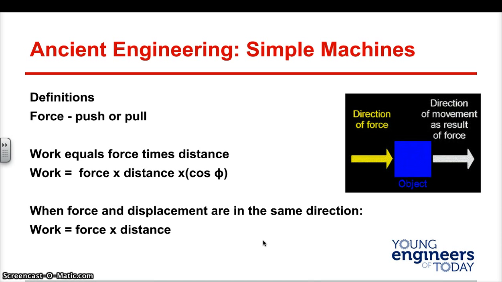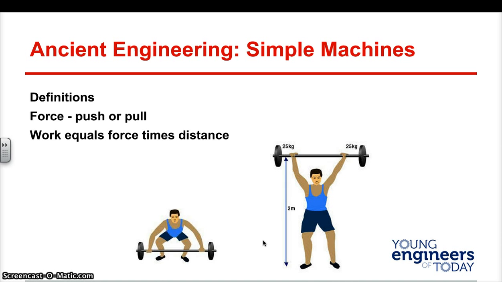What's important here is that the direction of the force and the direction of the object moving are the same. For example, here you have this weightlifter. He has his force. With work, he lifts 25 kilograms, 2 meters. So you have a force and a distance.